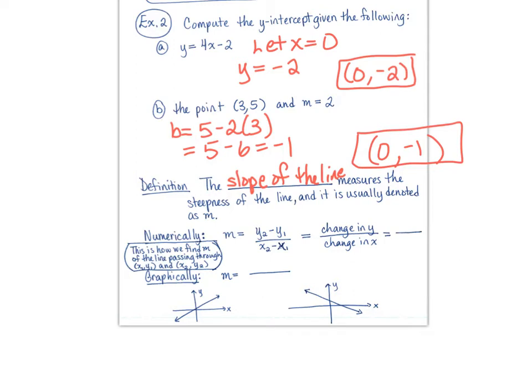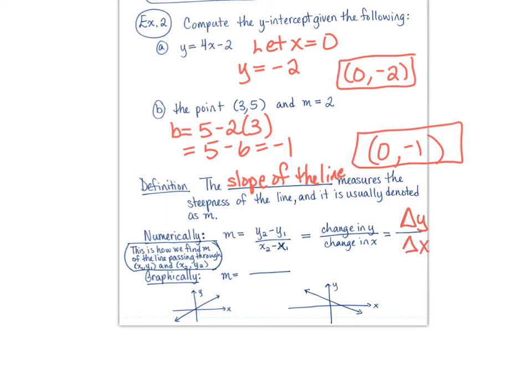Numerically, m is equal to y sub 2 minus y sub 1 over x sub 2 minus x sub 1, which is also called your change in y over your change in x. We denote this as delta y over delta x. Delta represents the change.